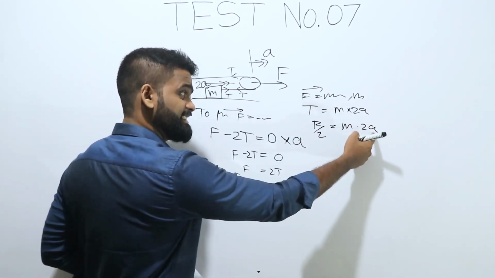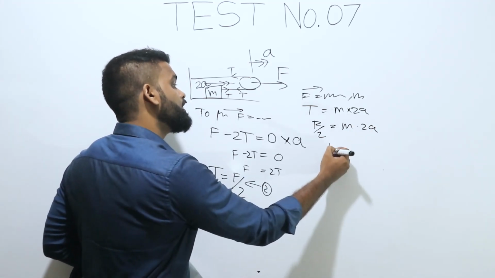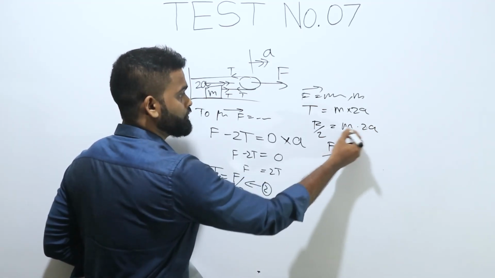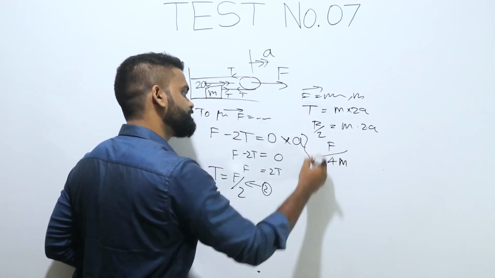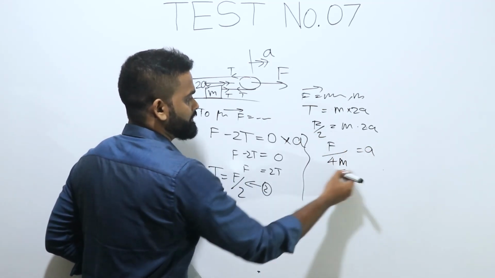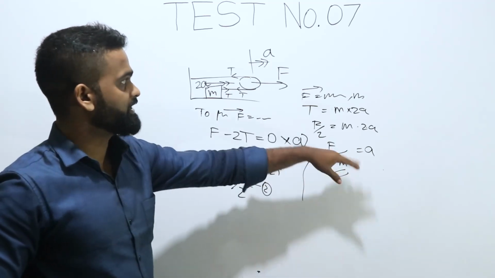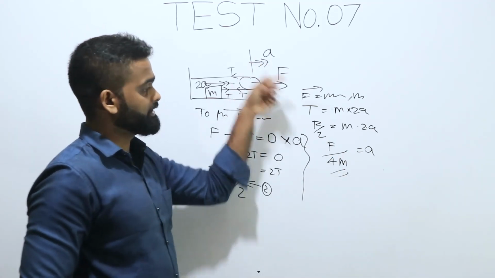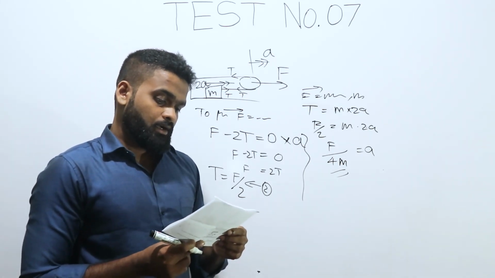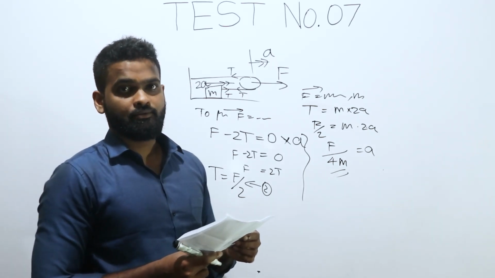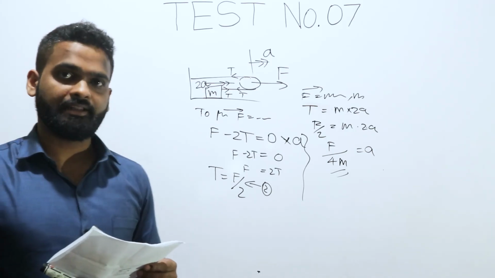What they ask is the acceleration. Then F over 2 times 2m, if you cross multiply, this becomes 4m. So this is F over 4m, that is the acceleration of the pulley, simple A. We just found it, right? So the answer should be the 5th one for the 10th question.